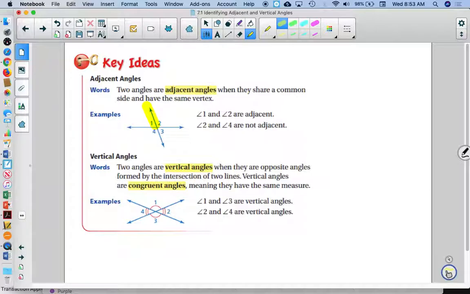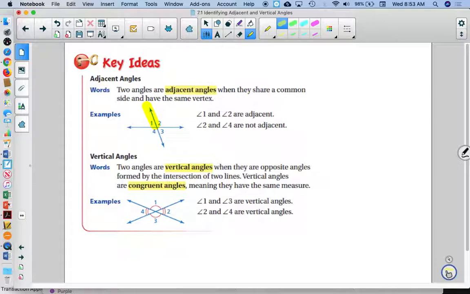Vertical angles are two angles where they share the vertex, but they do not share either side, okay? Two angles are vertical angles when they are opposite angles formed by the intersection of the two lines. They are also congruent. That's the beauty of the vertical angle. They will be the same. Congruent means the same or equivalent.